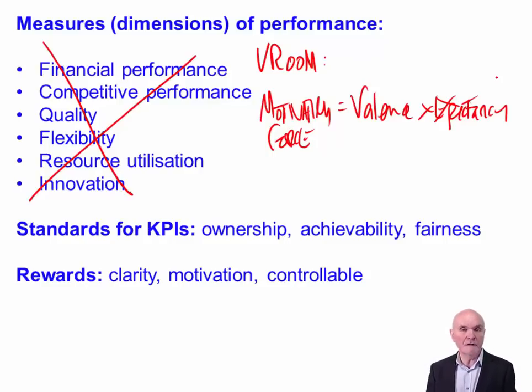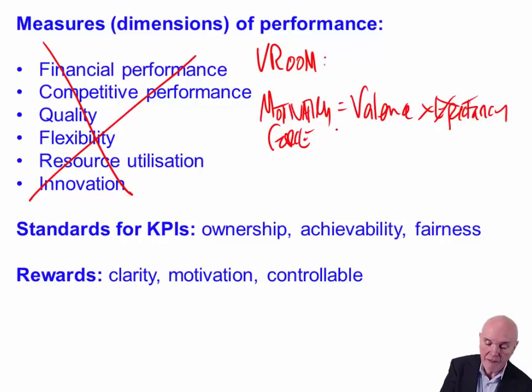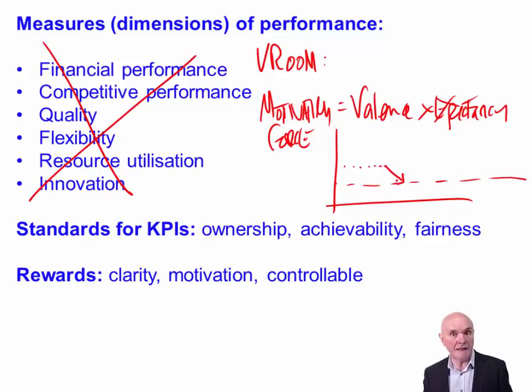We want to offer somebody a decent reward, but very important is that getting the reward isn't so challenging that people will simply give up. The purpose of setting a challenging target, we could almost do by diagram here. If this was somebody's natural performance, and you set a target which is very undemanding, then almost certainly people's actual performance will go down.